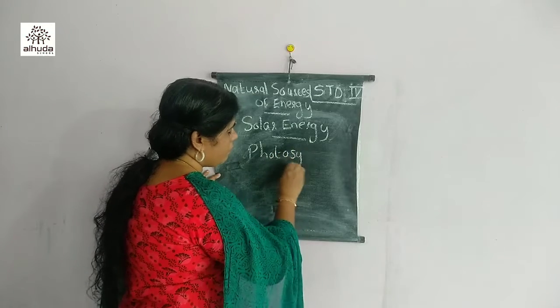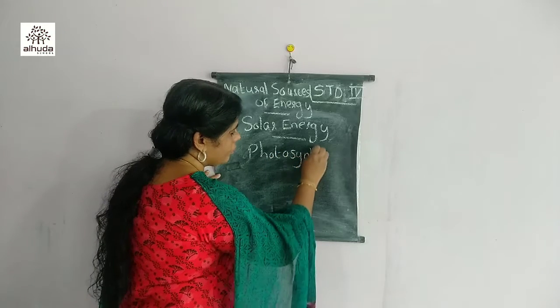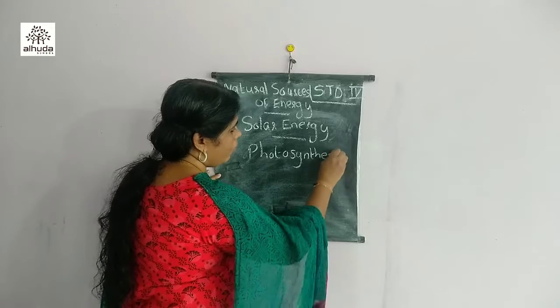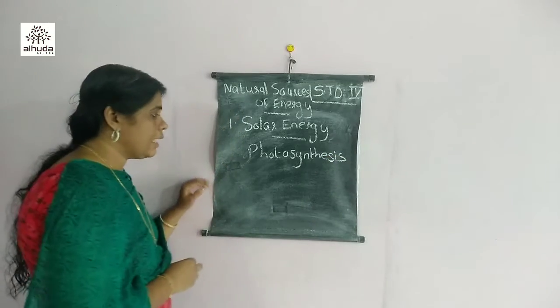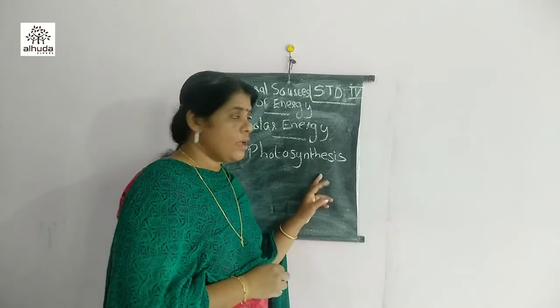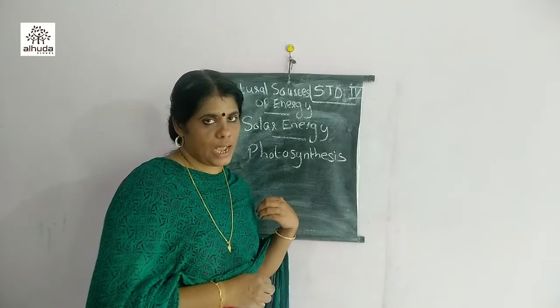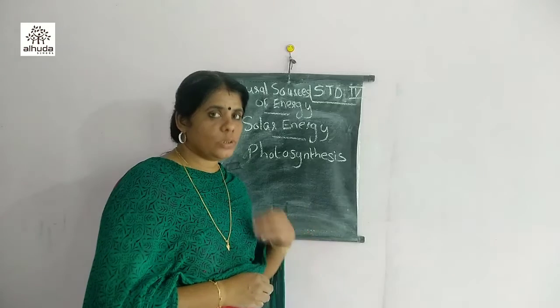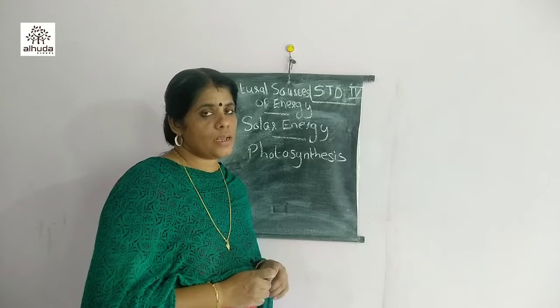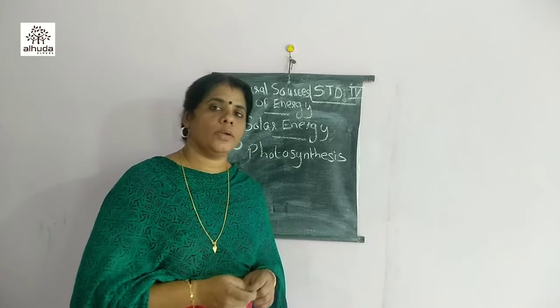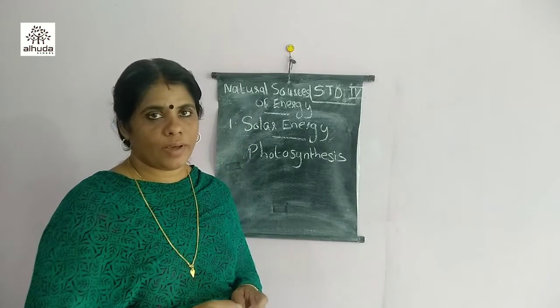It's the preparation of food by the plants with the help of sunlight, heat and water. With the help of this they prepare their food, and this food we are eating, and through that food we are getting energy. So in that way, directly or indirectly we are depending on the sun for our energy.